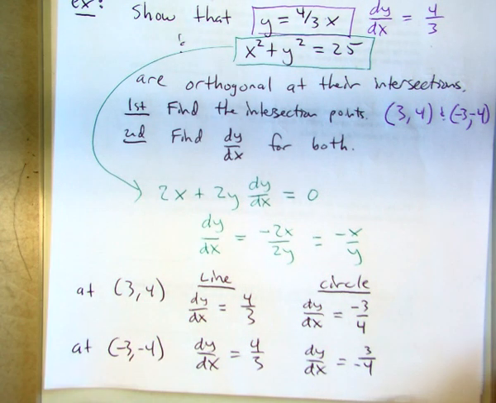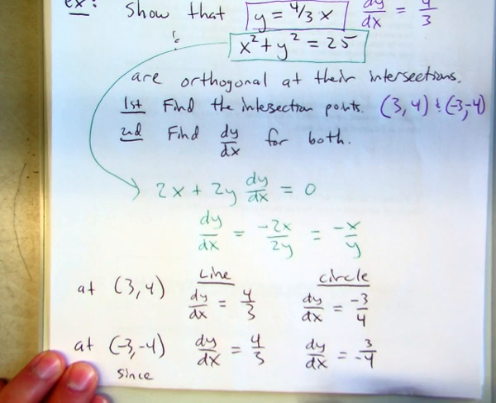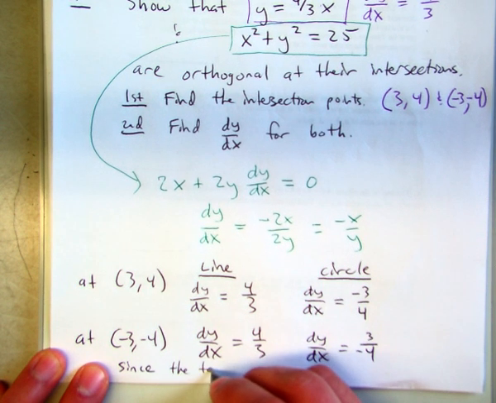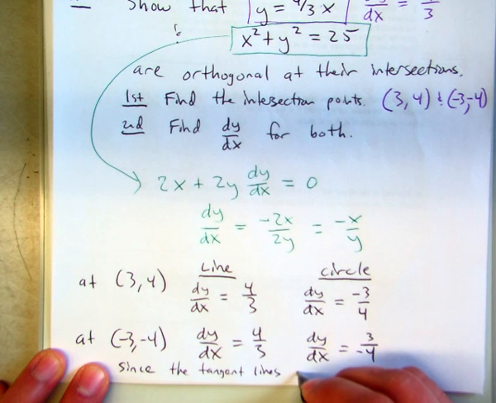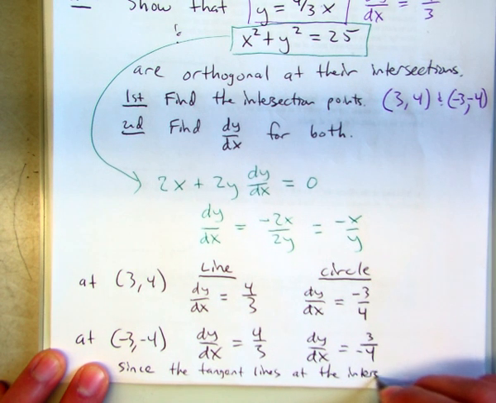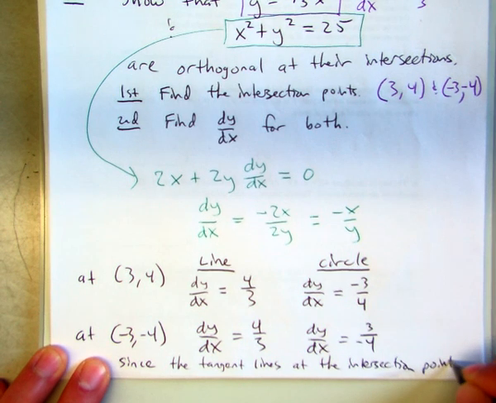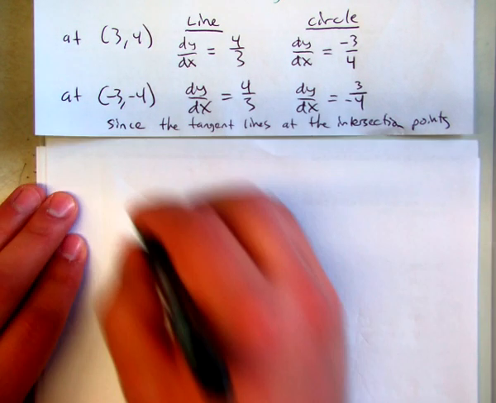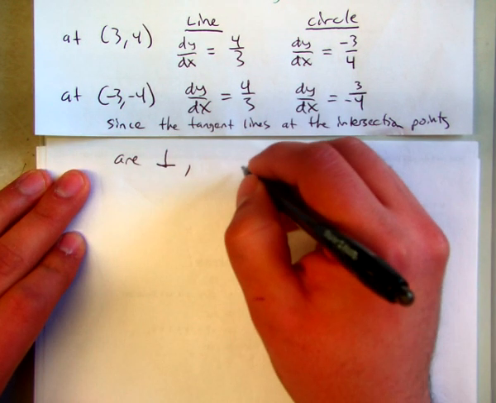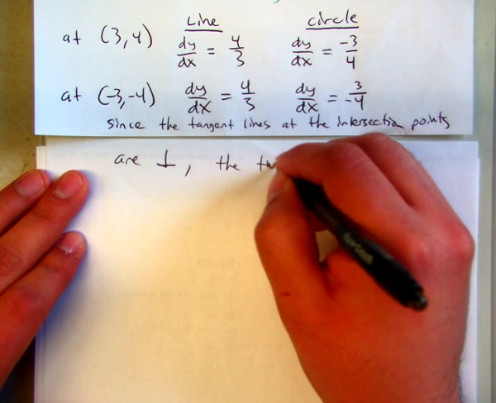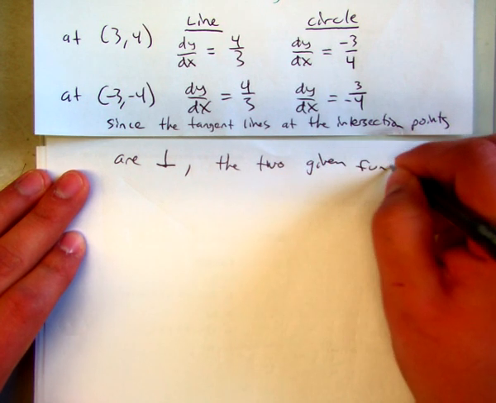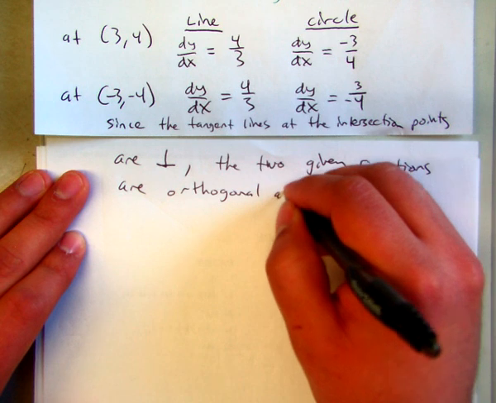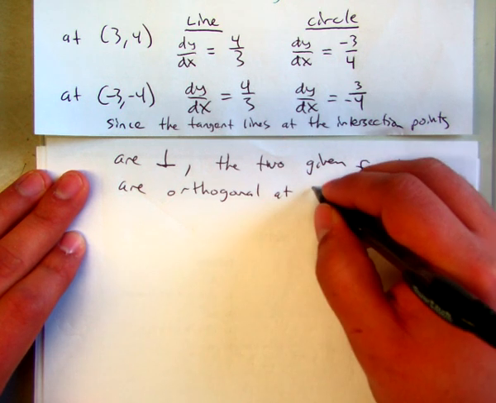Okay. So, since, how do we say this? Since the tangent lines at the intersection points are perpendicular, we say the two given functions are orthogonal at the intersection points.